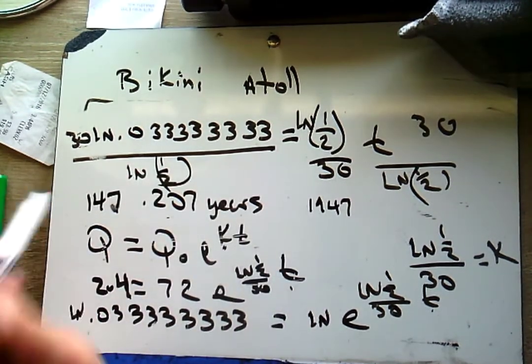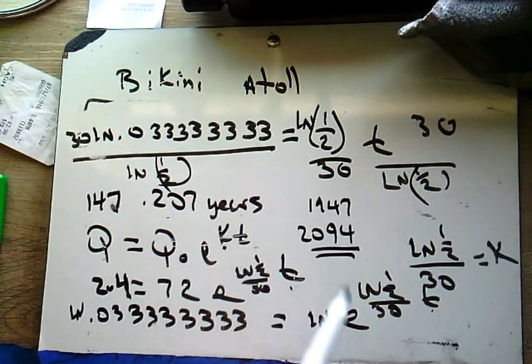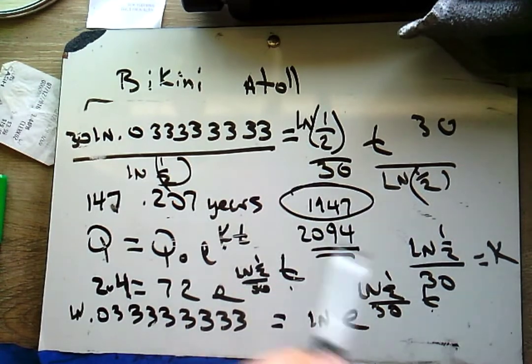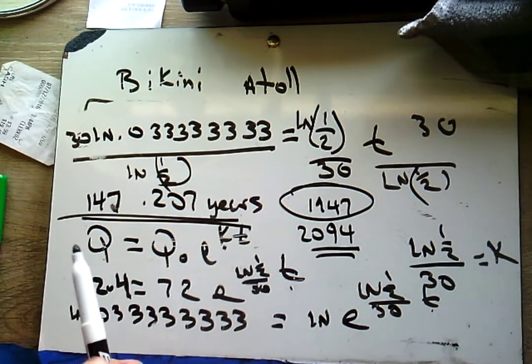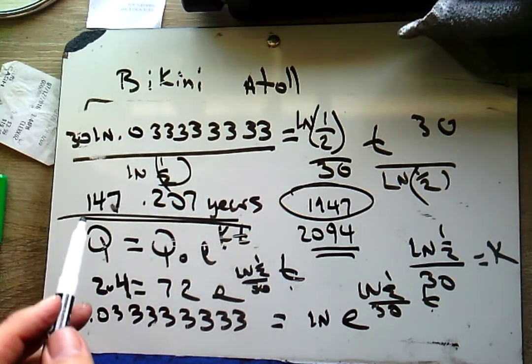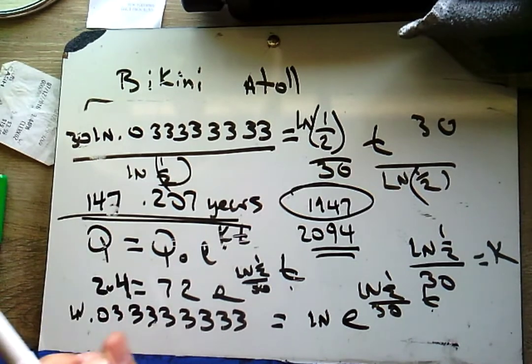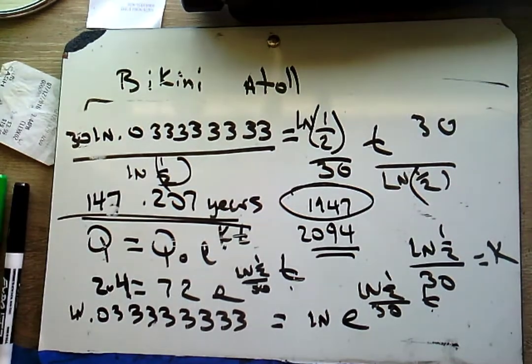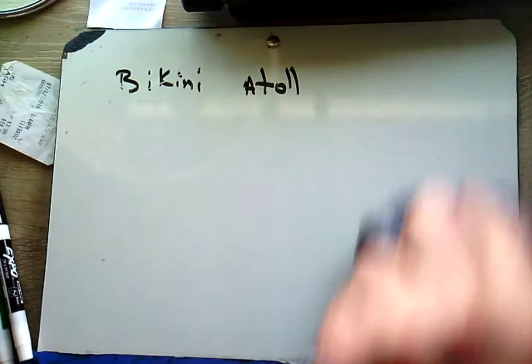It will not be safe until 2094. Why did the U.S. government tell these people in 1946 that they would be home soon if the math that was known at the time, this isn't new math, tells us very, very easily, yeah, it's going to be a while? Sadly, though, the Bikiniites' problems have increased with climate change and waters rising.